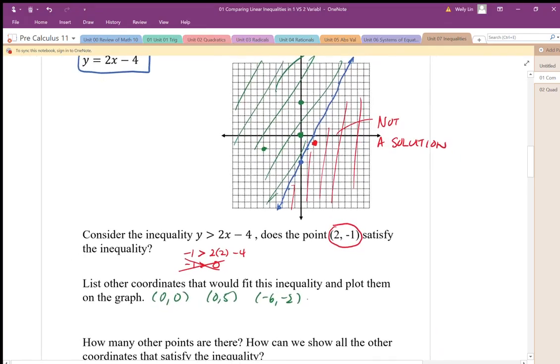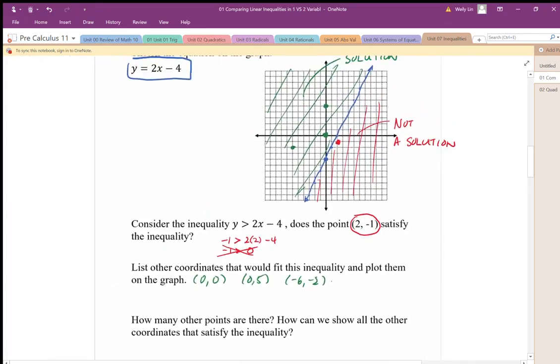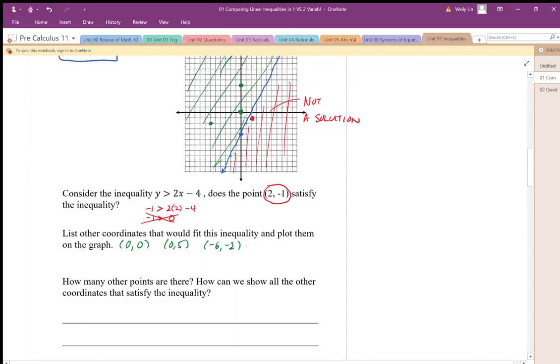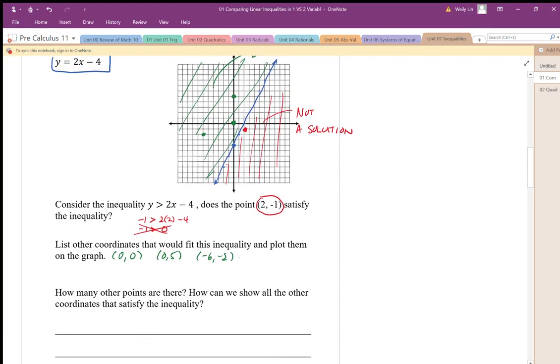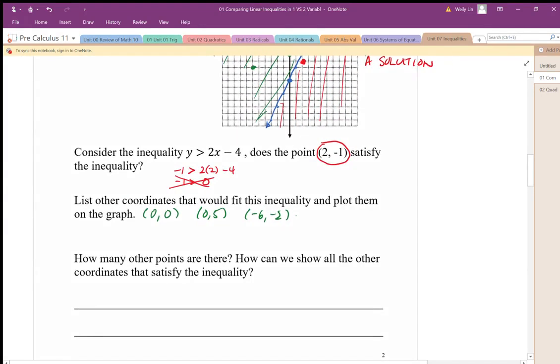So what's happening is that for a two-variable inequality, we have a two-dimensional solution, or area solution. Our solution is not on a line, but the solution is an area. How many points work? Well, there are infinite points that work, so there are infinite solution pairs of x and y.